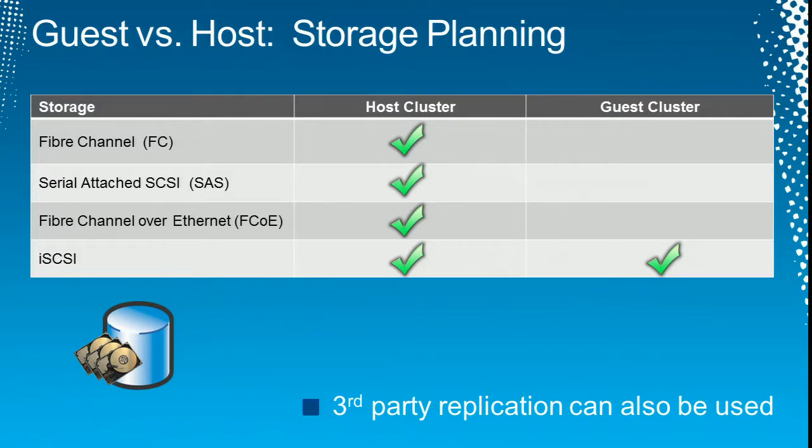But the key thing to keep in mind is that all of the nodes must be able to consistently access the data. So node 1 needs to be able to see the same data as node 5. And we always see replication used if you have a multi-site cluster or a disaster recovery configuration.